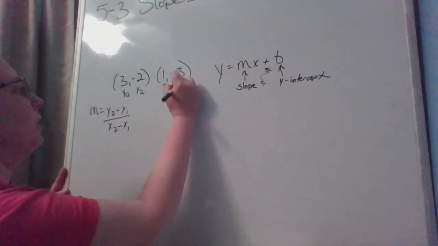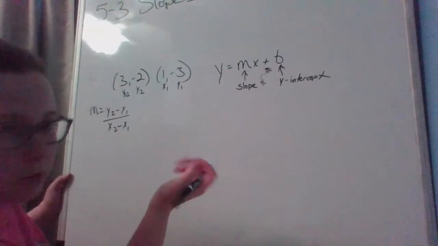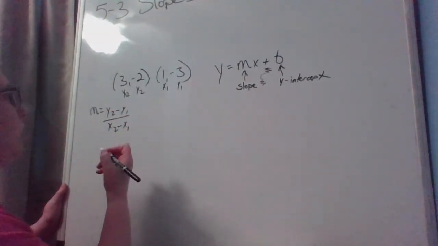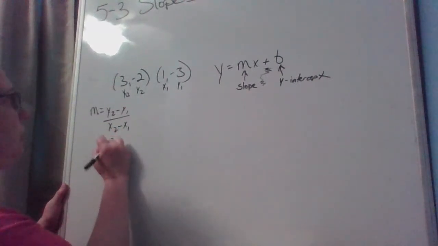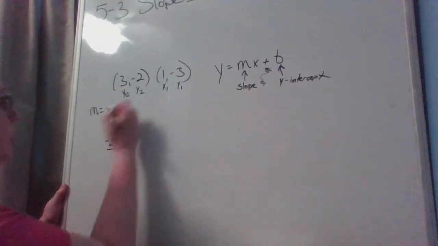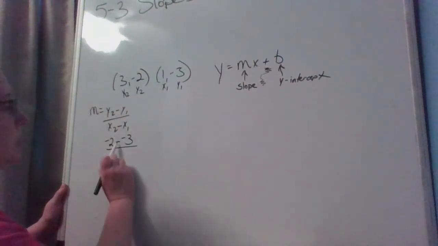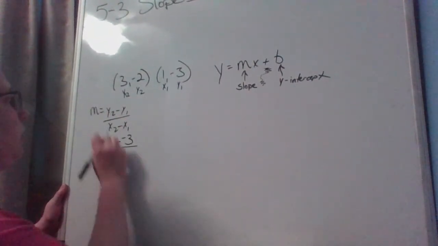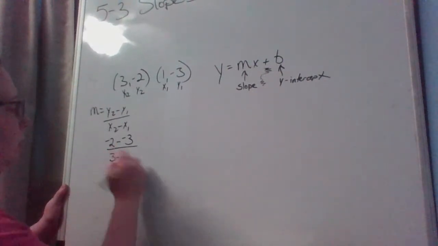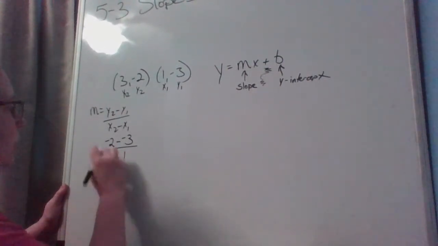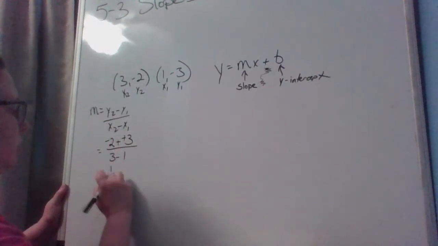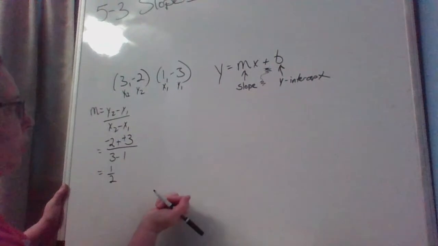Which one should be my 1s, and which ones should be my 2s. I'm going to make these my 2s, these are my 1s, and substitute in then. Remember that in this formula it's minus, so here I have a minus and negative. And then here I would have 3 minus 1. So these double negative, that would equal 1, and this equals 2. So my slope here is 1/2.